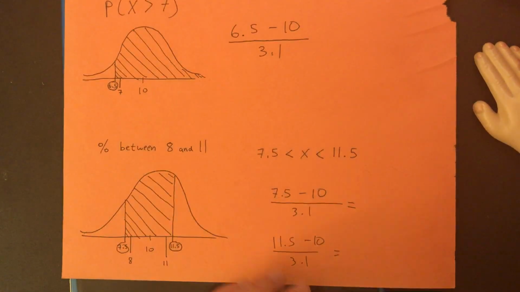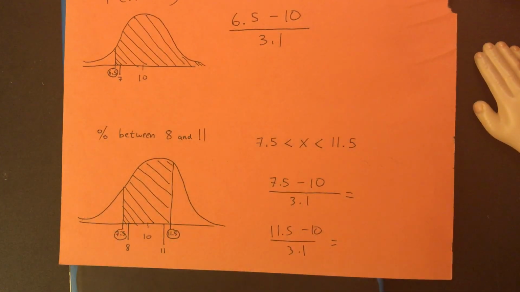Say they gave you one where they want the percentage between two data points. Normally our process is you just find the percentile for one, the percentile for the other, and you subtract them. Okay, that's true, but rather than 8, since we want percent to the right of 8, we got to go down to 7.5. And rather than 11, since we want percent to the left of 11, we got to go up to 11.5.